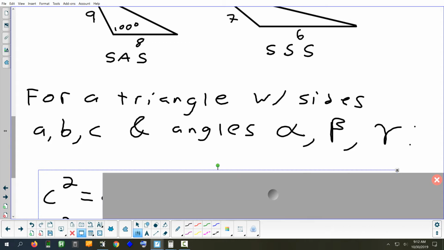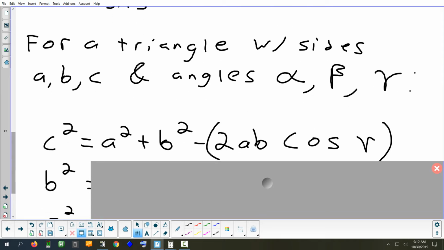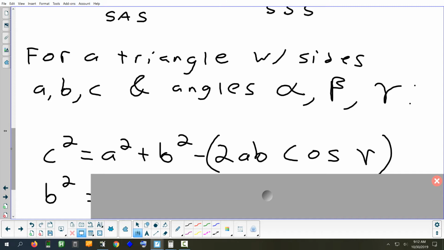Now we'll look at the b squared version. Can anyone tell me what's going to come after the equal sign here?